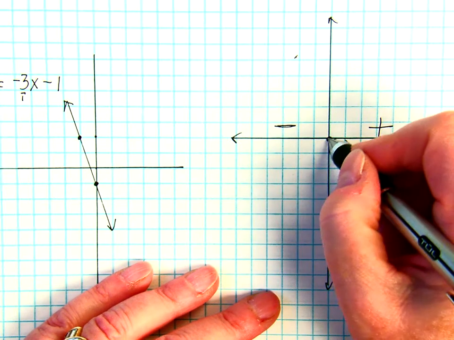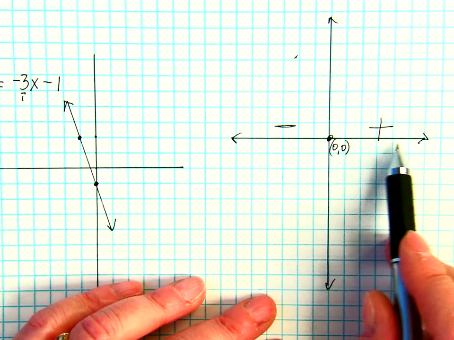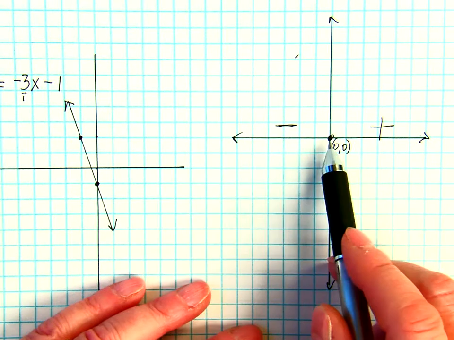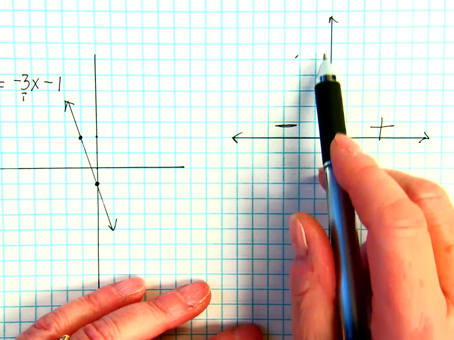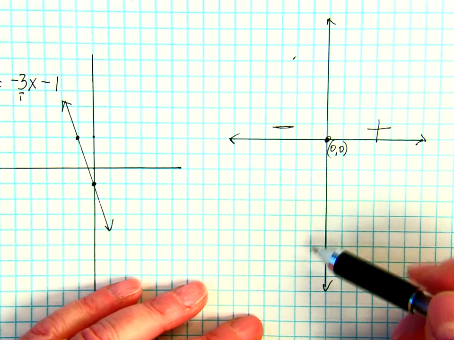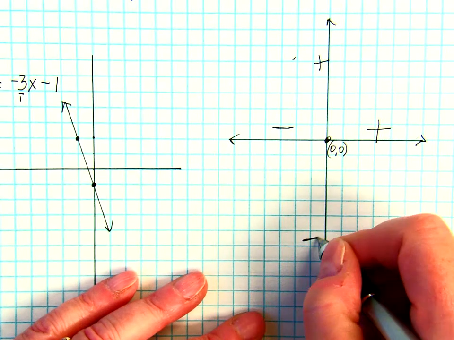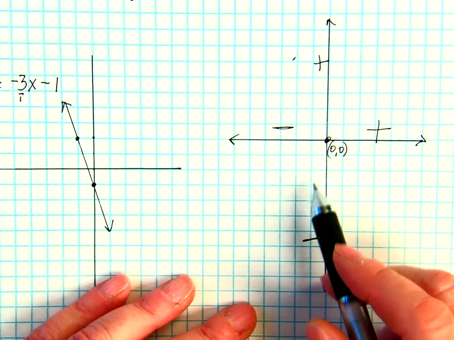Everything starts from the base, and anything going to the right is positive, and anything going to the left is negative. When we talk about our y-axis, anything going up is positive, and anything going down is negative.